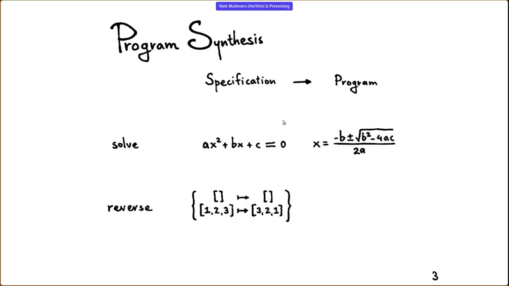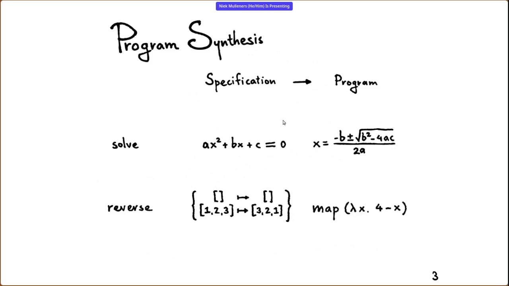I use this notation to represent input-output examples, where here the input empty list is mapped to the empty list, and the input list 1 to 3 is mapped to the output list 3 to 1. Now, this is an incomplete specification, which is not ideal, because maybe our synthesizer would generate a program such as the following.